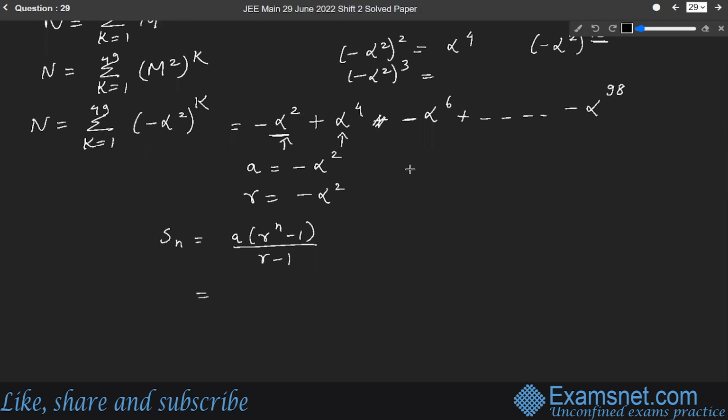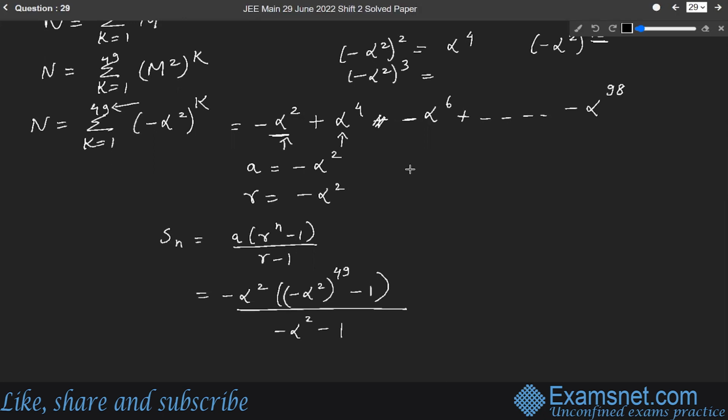So the sum will be A. What is A? A is minus alpha square. R power n. What is R? R is minus alpha square. Power n. What is n? N is the total number of elements. How many elements do we have? We have from 1 to 49. So n is 49. So power 49 minus 1 divided by R minus 1. R is minus alpha square minus 1. All right.